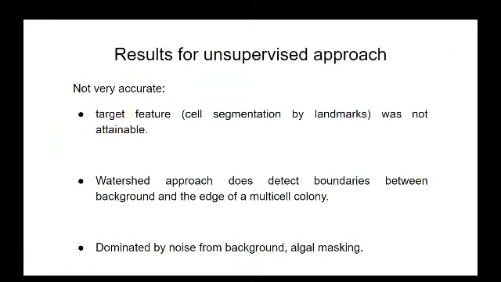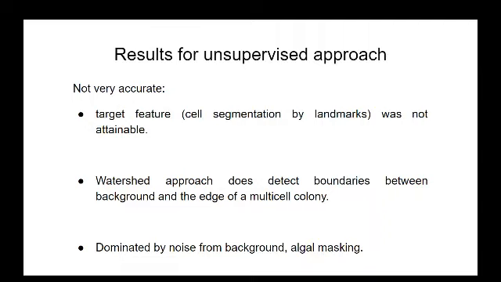So the unsupervised approach, we can basically say, is not very accurate for our purposes. The target features, the cells, cell segmentation by landmark especially, which is to say the edges of the filaments or the cells, we wanted to get those edges and have the segments basically be just each filament and nothing else.